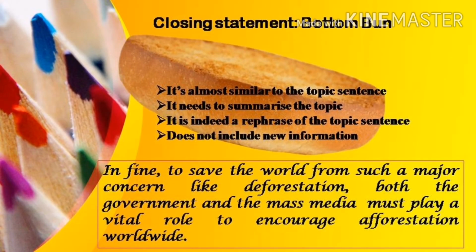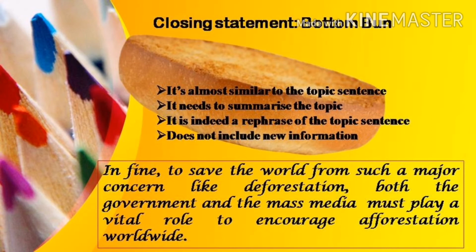We have already come to the end of our paragraph. In fact, this part can be compared to a bottom bun, which is almost similar to the top bun of a burger. That is why we usually provide almost similar information in the conclusion of a paragraph. It needs to summarize the topic.